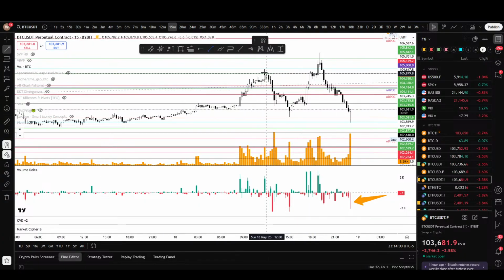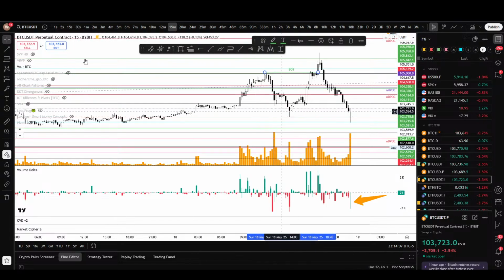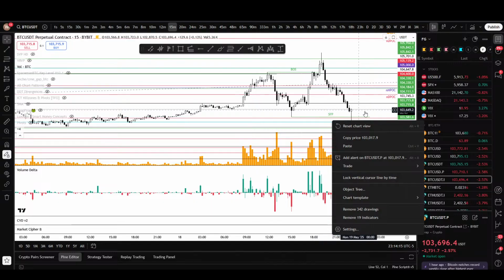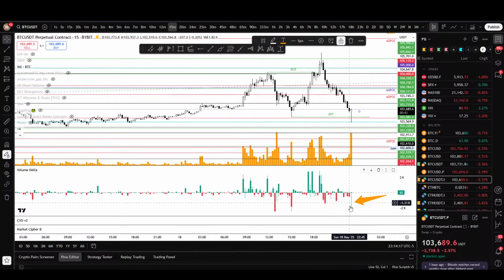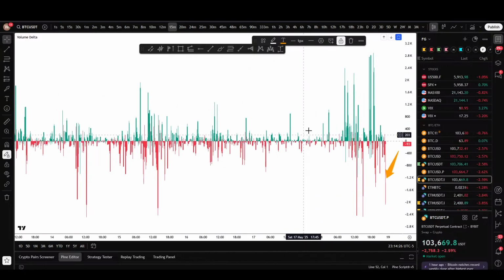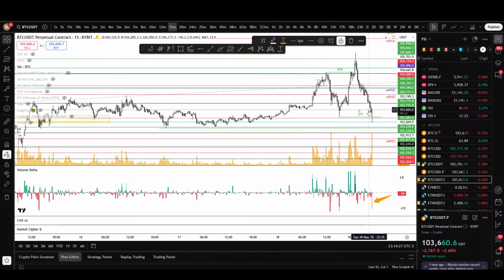You break structure here, break structure here, and a fake SFP. So now this low was attacked. Bears attacked the low, and then bulls immediately came in and defended it hard, right? That's a lot of volume. It's definitely a lot of volume. That's what we want to see.